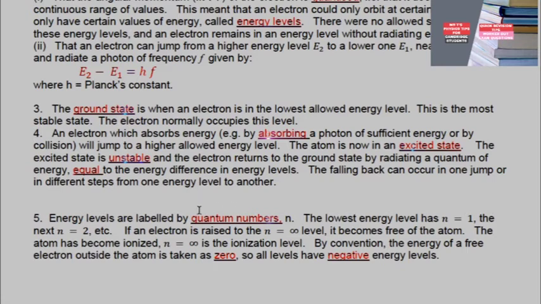Energy levels are labeled by quantum numbers n. The lowest energy level is n equals 1, followed by n equals 2, n equals 3, up to n equals infinity. N equals infinity is called the ionization level. By convention, the energy of a free electron outside the atom is taken to be 0, so all energy levels are negative values.